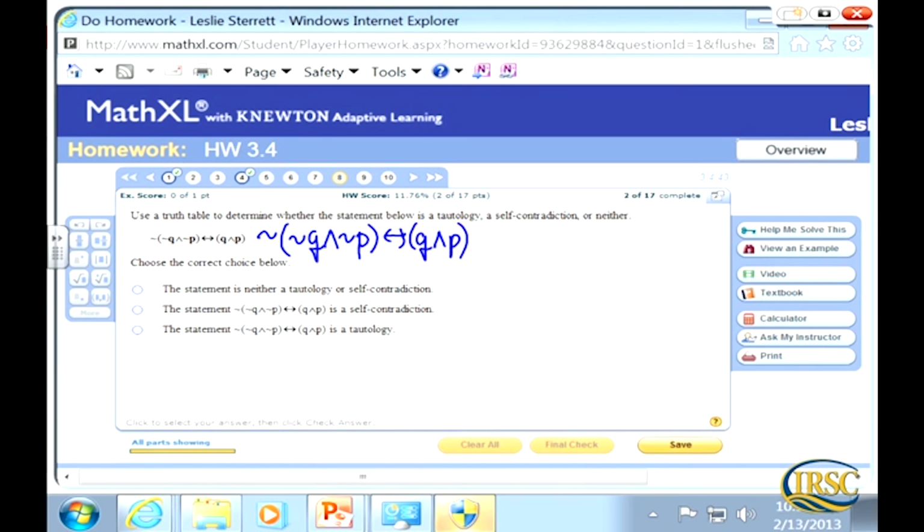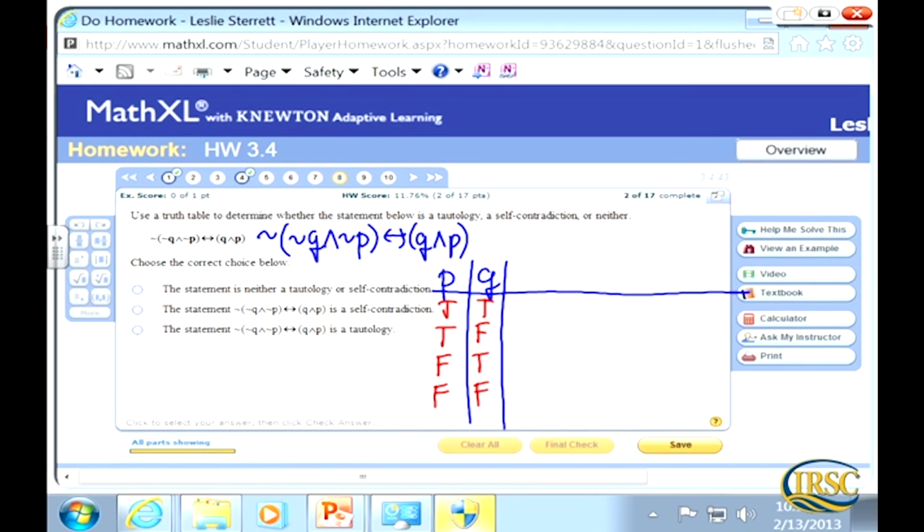how many different letters do you see there? 2. So we need a P and a Q. And how many rows? 4. Okay, so we need true, true, false, false, true, false, true, false. All right, notice inside the first parentheses we need not P's and not Q's.